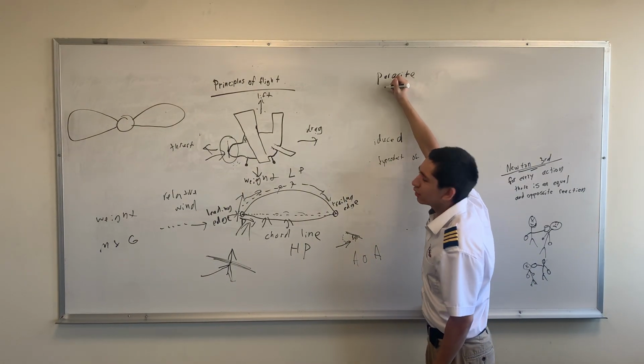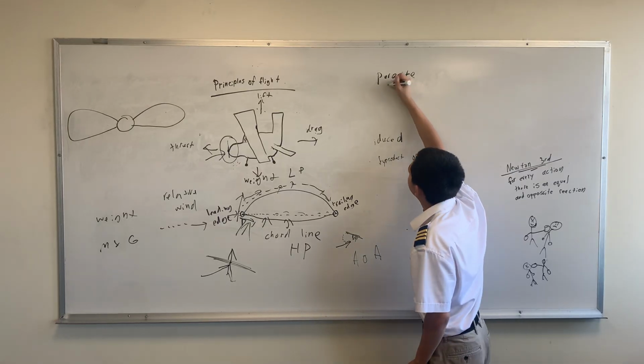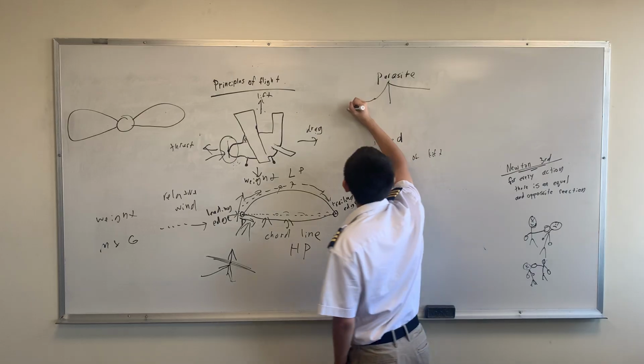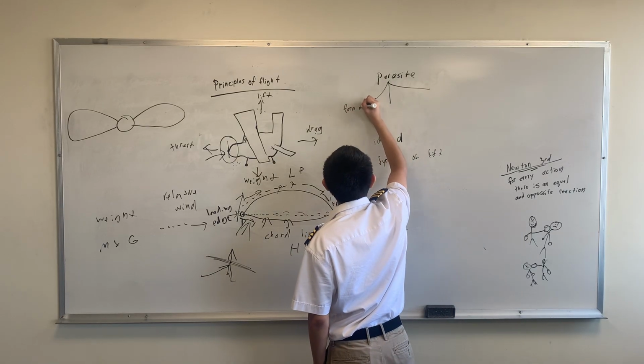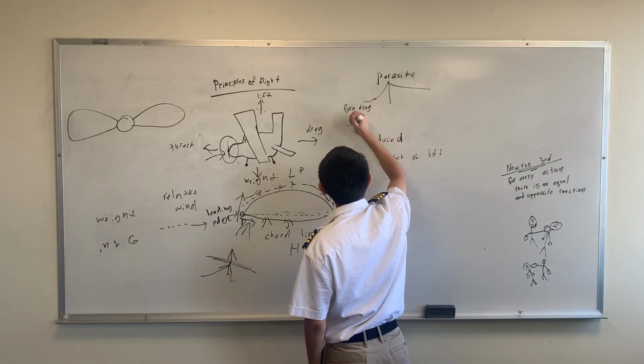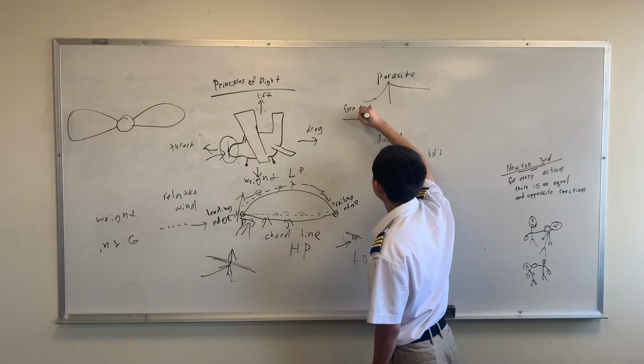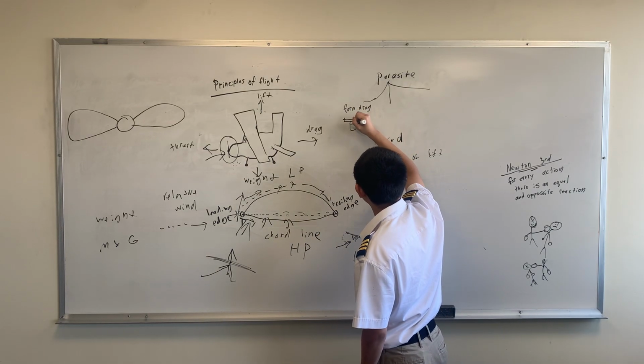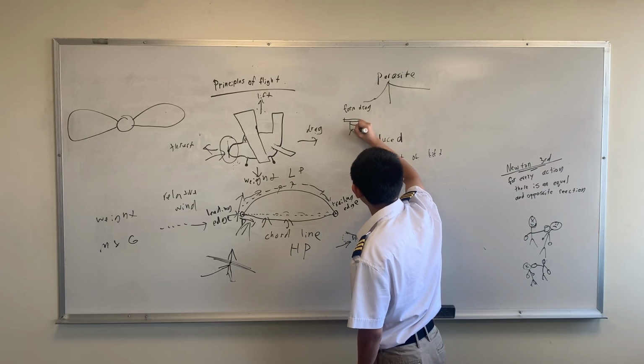Parasite. So there are three things that parasite drag is broken down into. First, we have form drag. And this is just the shape of the aircraft.